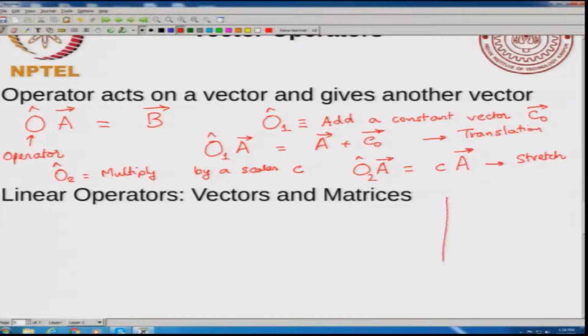What I want to say is that if you had a vector A, and let us say I take this as my C0, then when I add C0 to A, what I will get is a vector like this. This is my B vector, which is A plus C0.